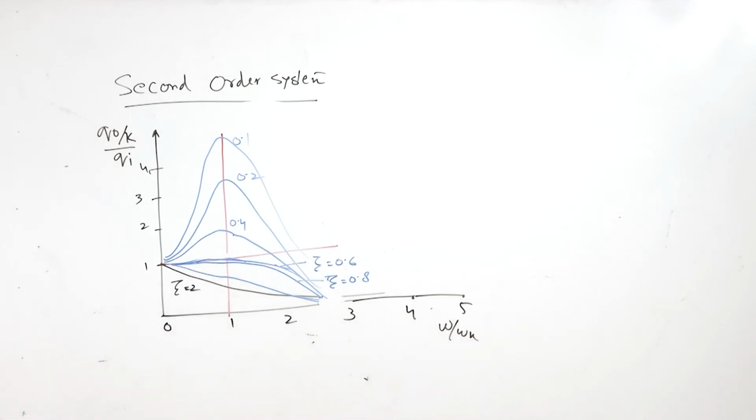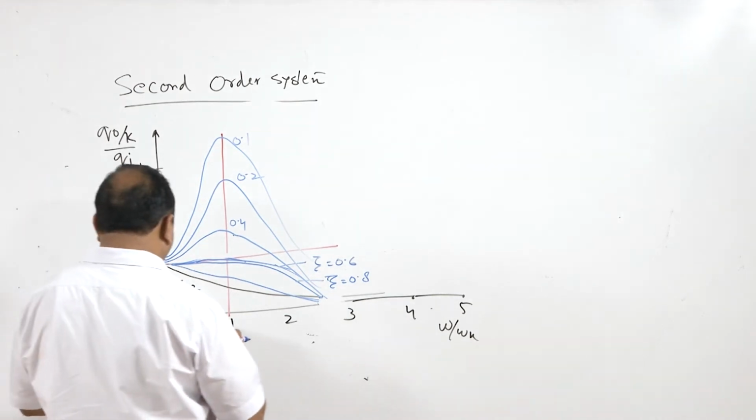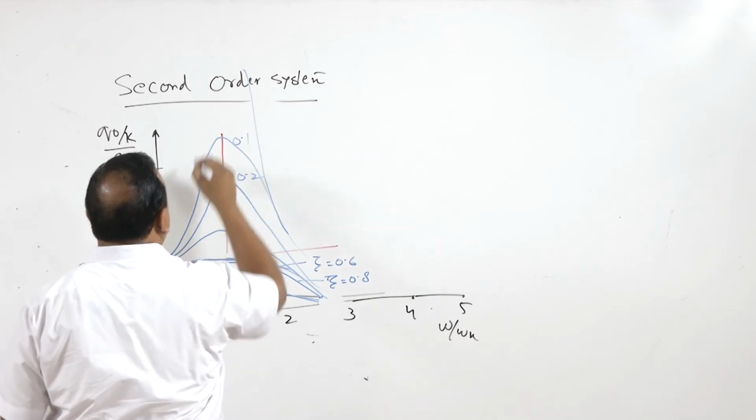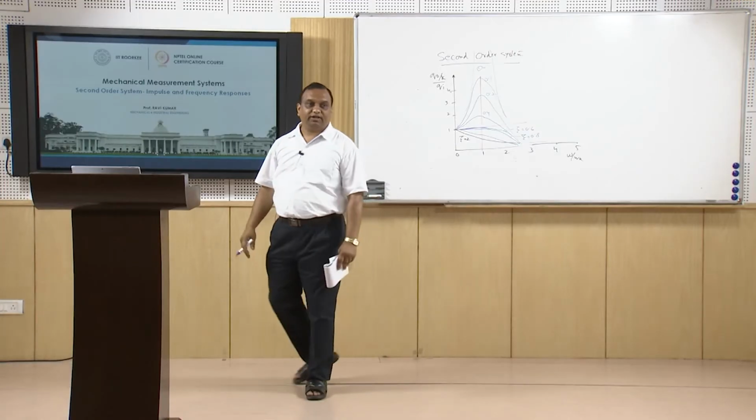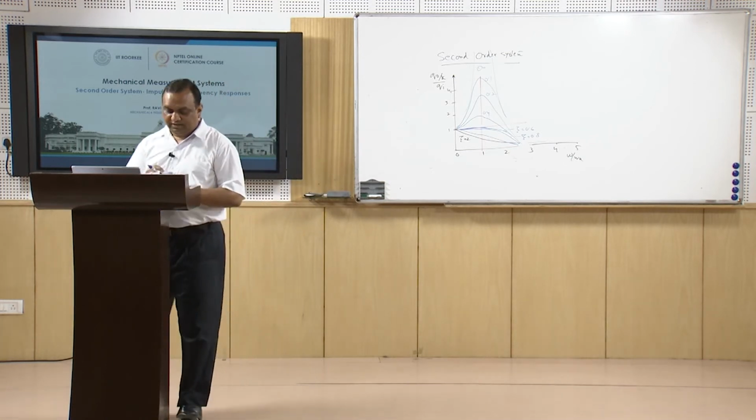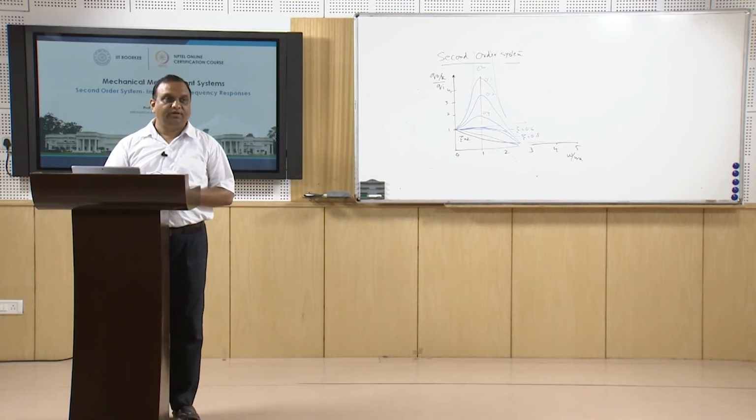Like this, when there is no damping, this will go to infinity. That is the case of resonance. Resonance will take place if the damping is 0. And at the same time, the phase angle.